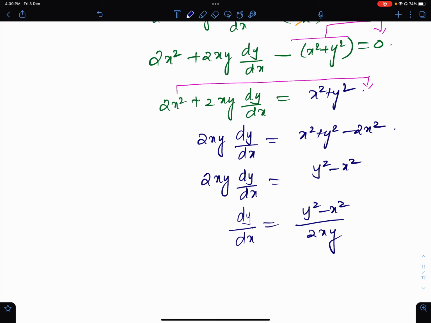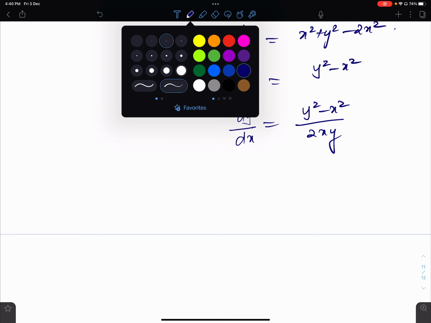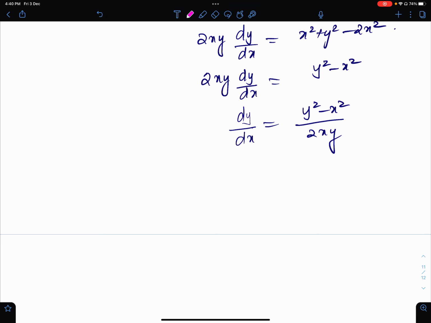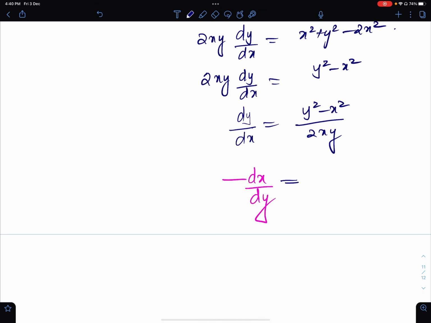This is the differential equation derived out of it, and we are planning to find the orthogonal trajectory. Don't forget, when you want to find the orthogonal trajectory, dy by dx must be replaced by minus dx by dy, equal to y square minus x square divided by 2xy.